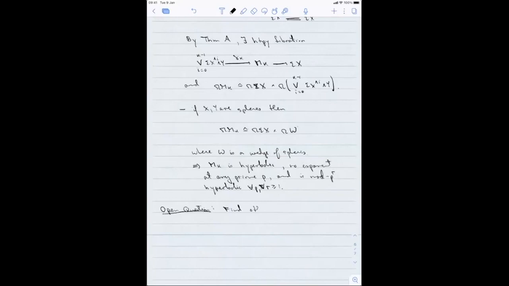So find other families of spaces satisfying Moore's conjecture and which are mod p to the r hyperbolic for all primes and r bigger than or equal to 1.